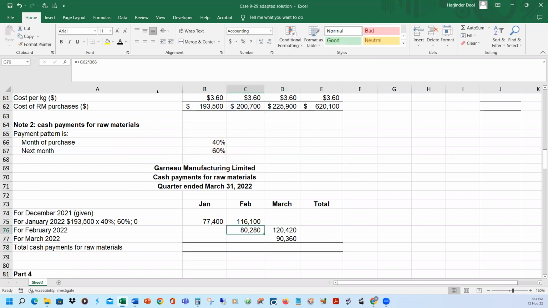In February, we paid 40% of purchases from February and 60% of the purchases made in January. So by this logic, in the month of January, we should pay 40% of the purchases made in January and then 60% of the purchases made in December.